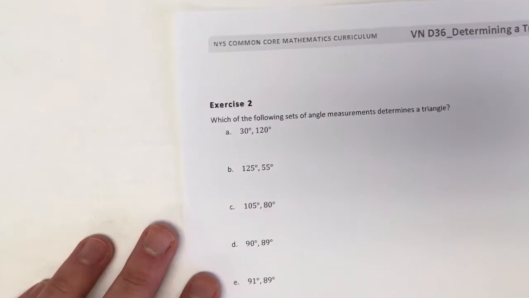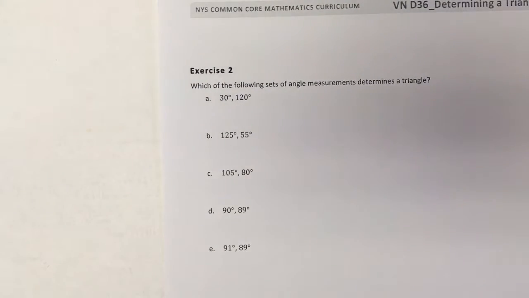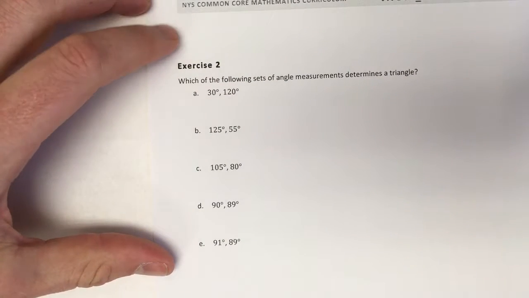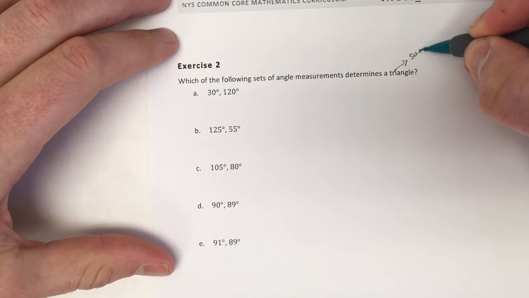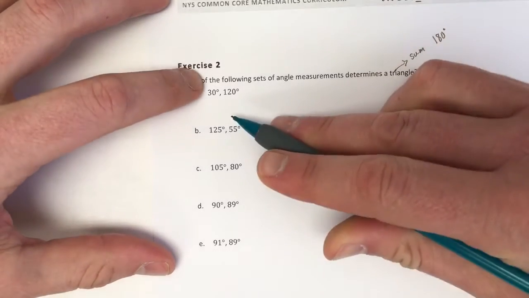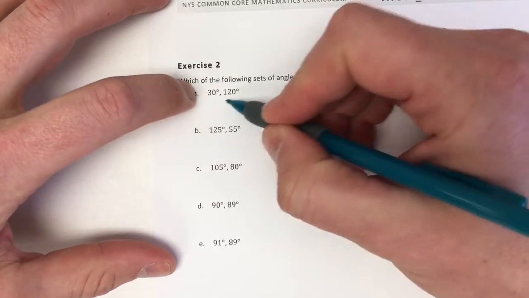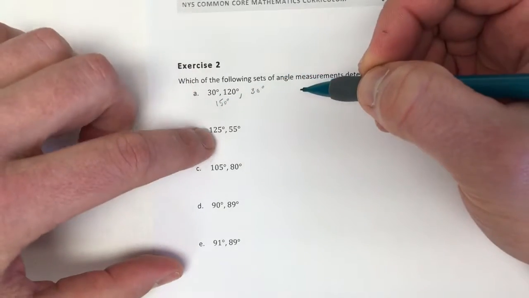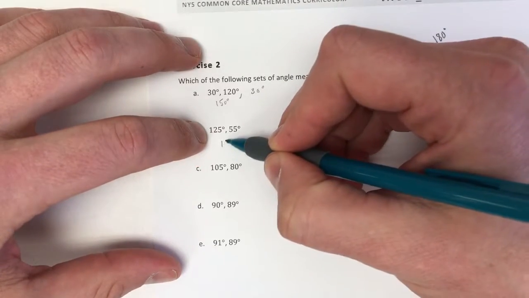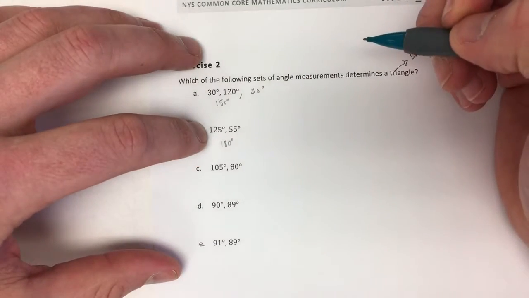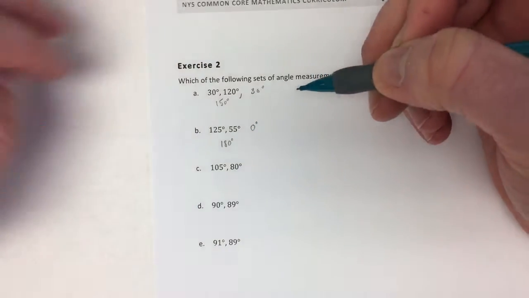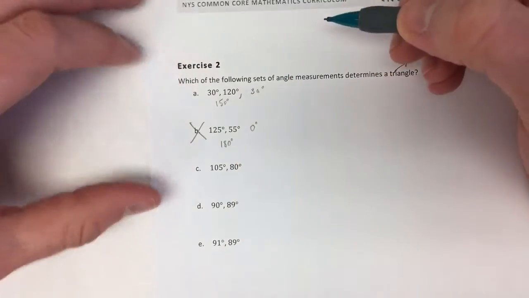Now, how they might test you on this is something like here. Which of the following sets of angle measurements determines a triangle? If I know that it's supposed to sum to 180 degrees, and they only give me two of the numbers, 30 and 120, I can figure out the third one. The third angle here would be 30 degrees. 125 and 155, that's 180 degrees already, which means there's 0 degrees in my third angle. That doesn't make any sense, so this is not going to be a triangle.